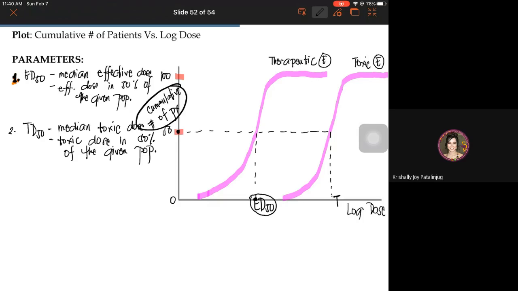So in this dose response curve, this would be the TD50. Again, it is the dose required to produce a particular toxic effect in 50% of the population.